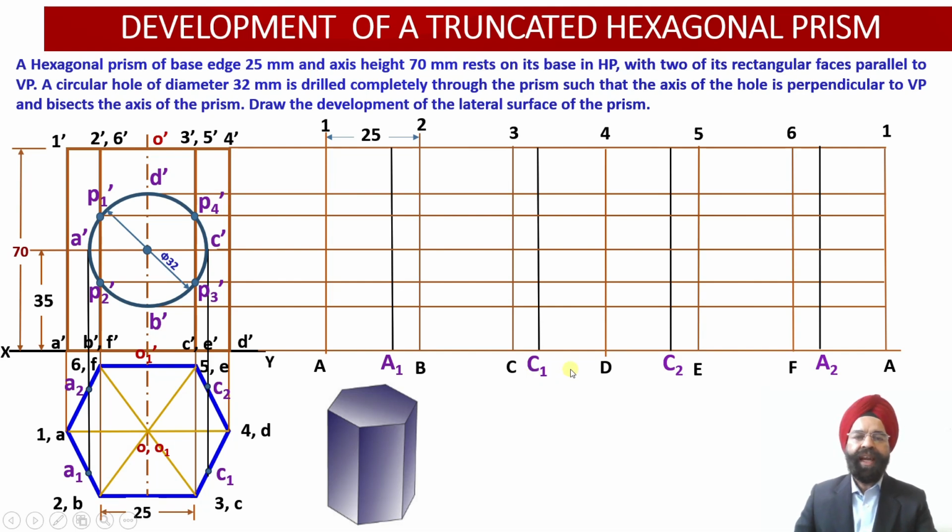So now let us start to evaluate the location of each one of these 8 points onto the front side and onto the rear side of the surface of the hexagonal prism over here.